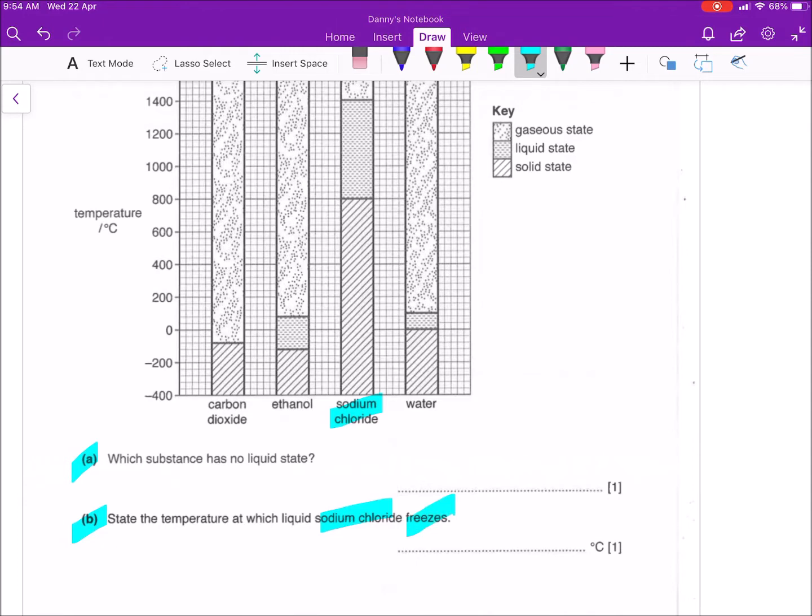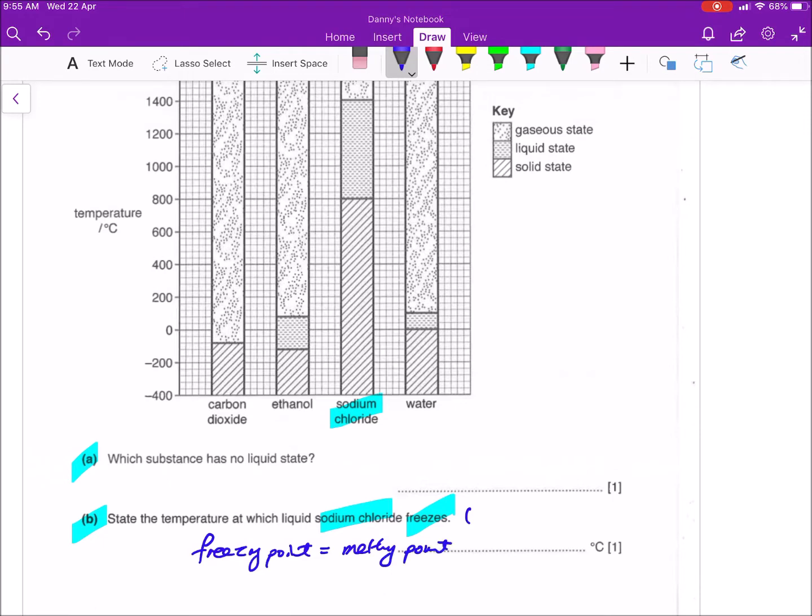And for it to freeze, it means that it is changing from liquid to solid, the temperature at which it freezes. So you need to know that basically the freezing point is the same as your melting point.